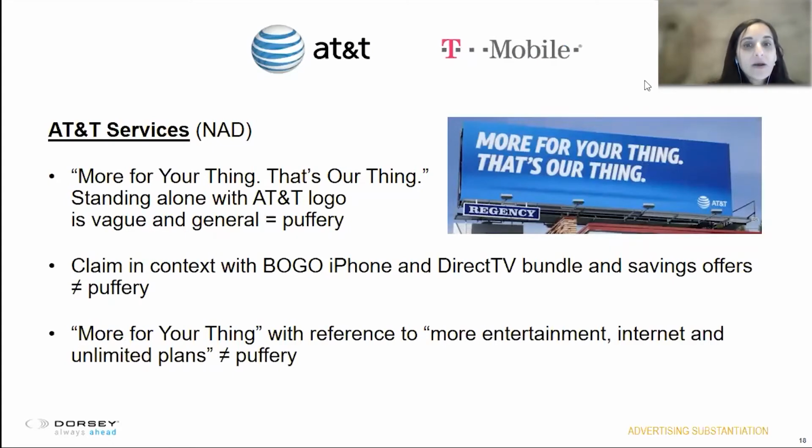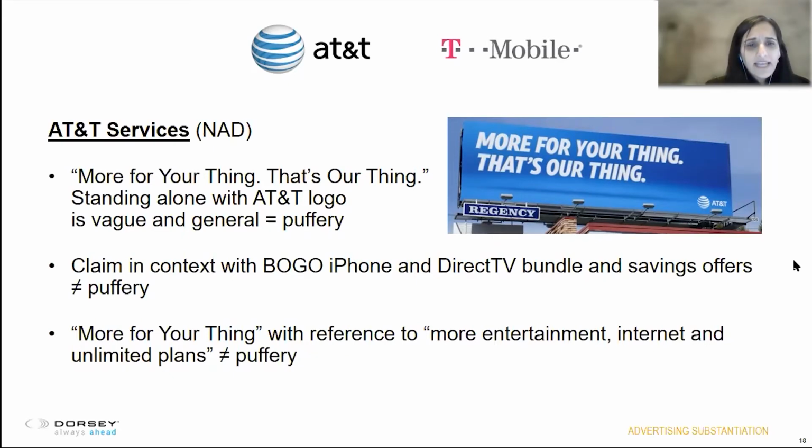So the ad claim here is, more for your thing, that's our thing. If you look at the billboard, what does that even mean? It's AT&T's logo with the slogan. I have no idea. It just sounds catchy. It's great, cute. It doesn't really mean anything. It's super vague on the billboard. Puffery, great.